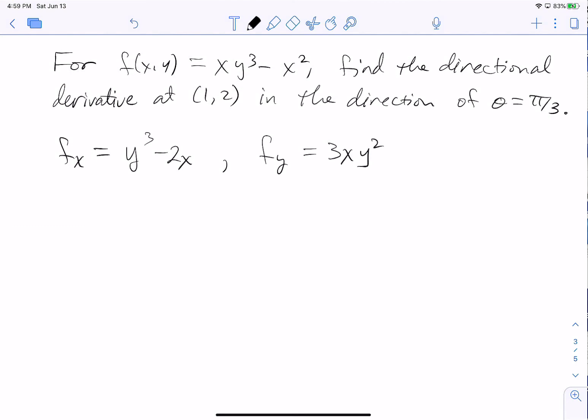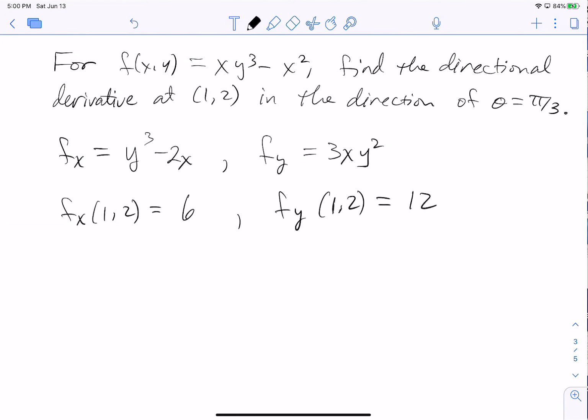The partial of f with respect to x evaluated at (1, 2) then is going to be 8 minus 2, 6. And the partial of f with respect to y evaluated at (1, 2) is 12.